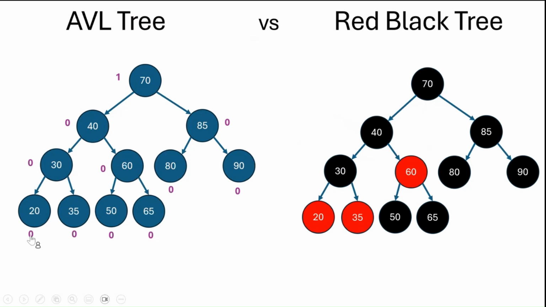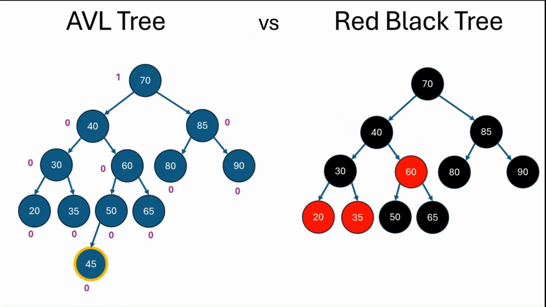Now, the numbers here in the AVL tree are the balance factor, basically the height of the left subtree minus the height of the right subtree. This is the balance factor for each node, and it is not violating the expected values of 0, 1 or minus 1 in an AVL tree. Based on that, this is a balanced AVL tree. Now, let's say we want to insert 45 here.